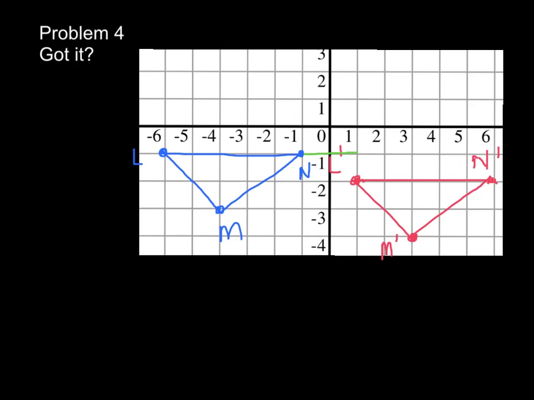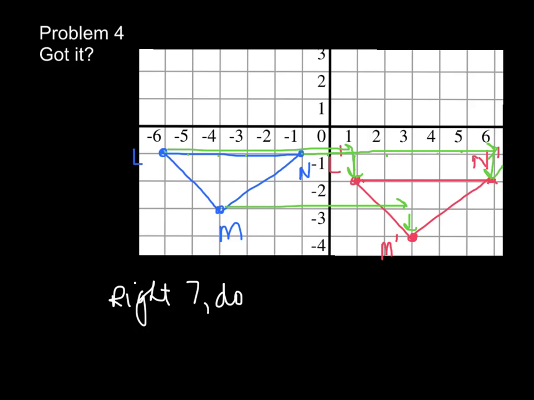N went how many spaces right? 1, 2, 3, 4, 5, 6, 7, down 1. So each one went right 7, down 1.